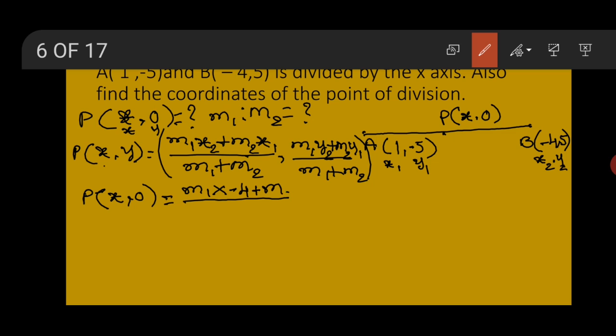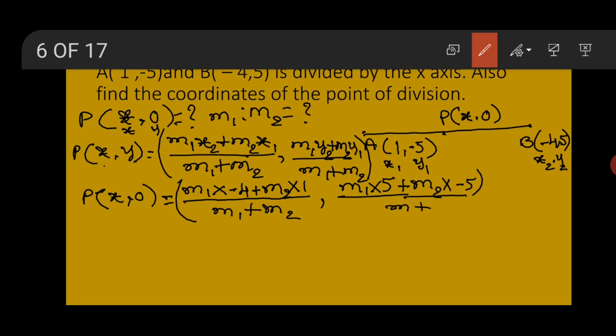Here it is equal to, substitute the values, m1 unknown, m1 into x2 value is minus 4 plus m2 is unknown, keep as it is, m2 into x1 value is 1, divided by m1 plus m2. Next find the y coordinate, that is m1 into y2 value is 5 plus m2 into y1 is minus 5, divided by m1 plus m2.